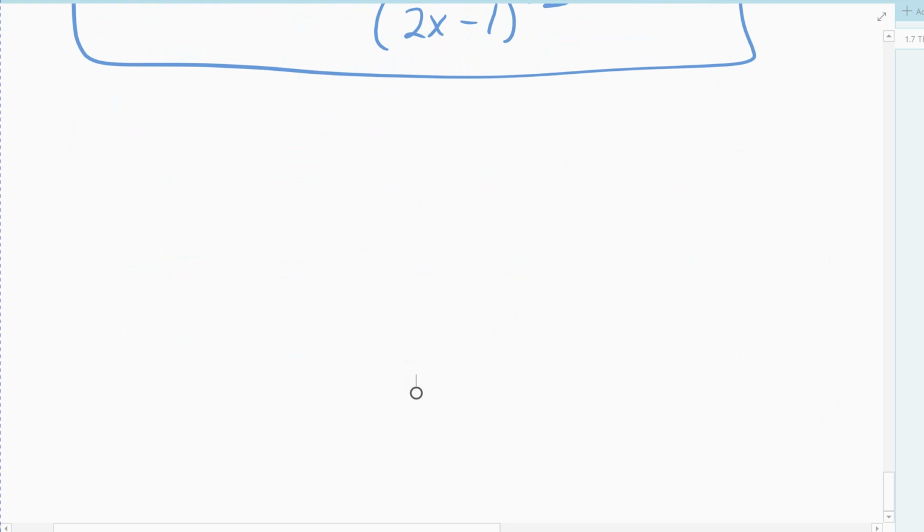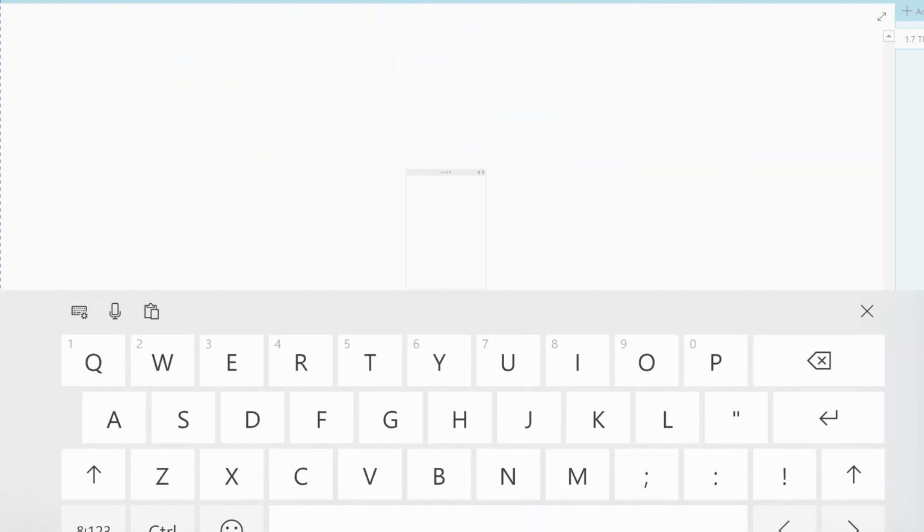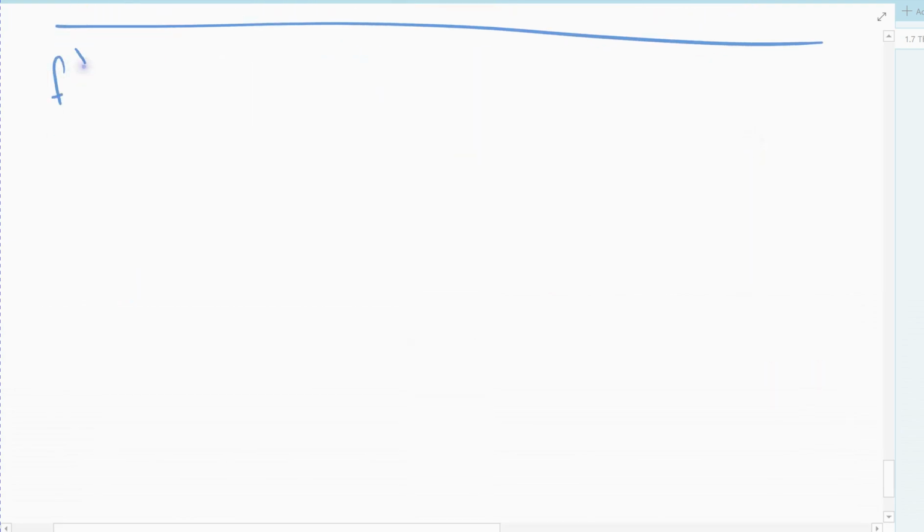Method 2, which I'm going to give myself a little more room to work. Apparently I didn't give myself enough room. So start off with the same expression, my original f of x, which was x plus 1 divided by 2x minus 1 to the 1 half.